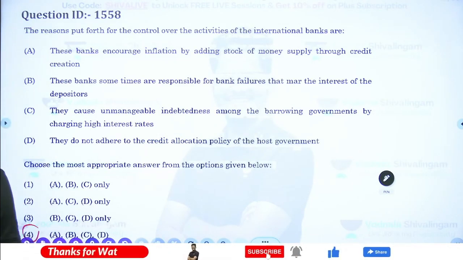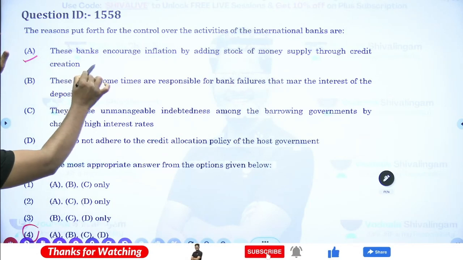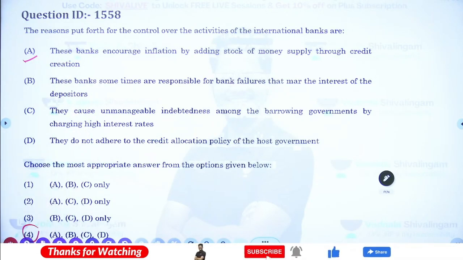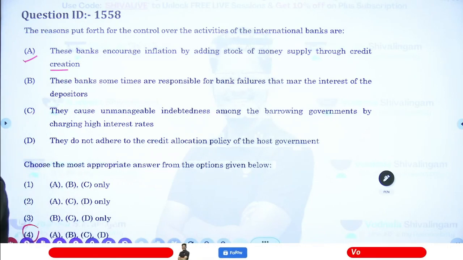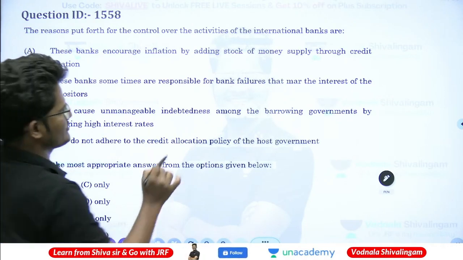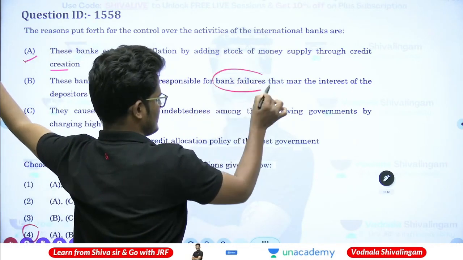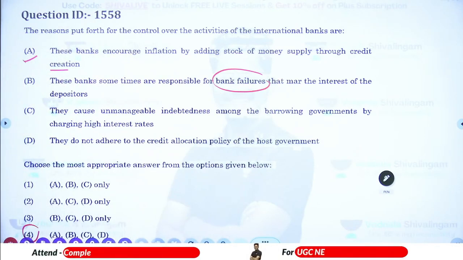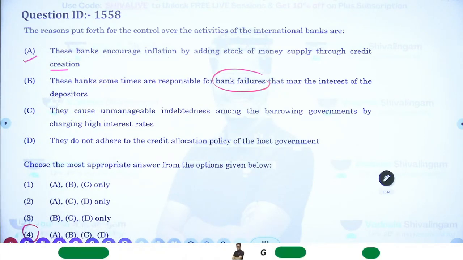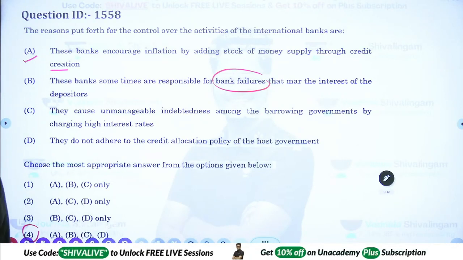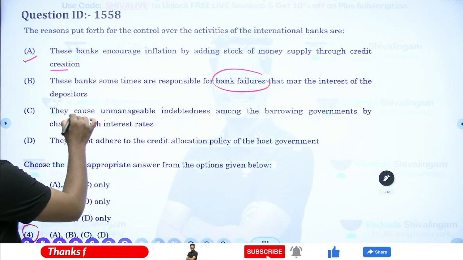A, B, C, D. These banks encourage inflation by adding to the stock of money supply through credit creation. And B, these banks are sometimes also responsible for bank failures because they are the ones taking the decisions. And they cause unmanageable indebtedness among borrowing governments by charging a high rate of interest.